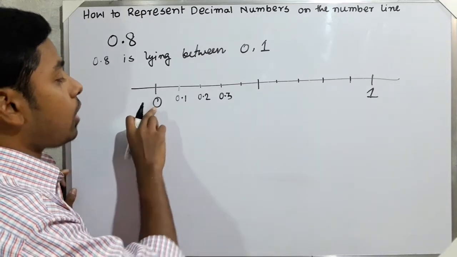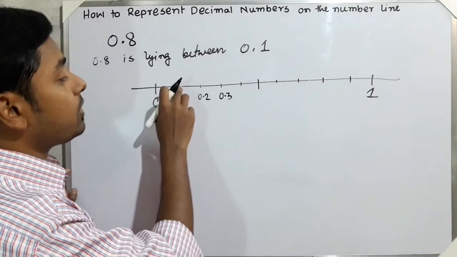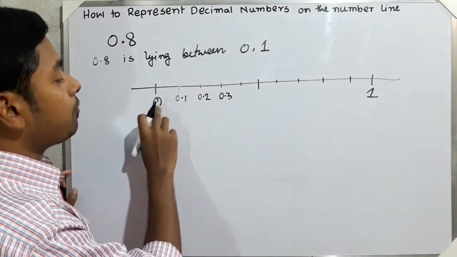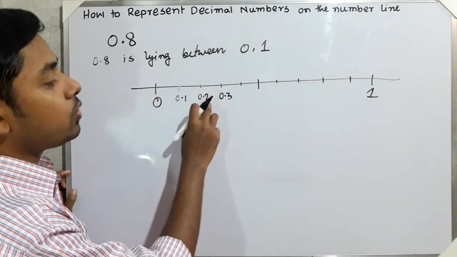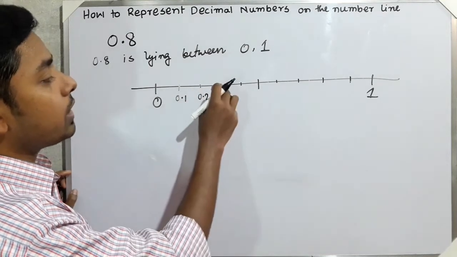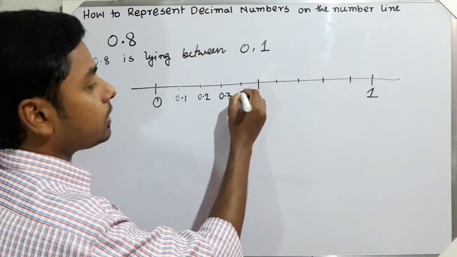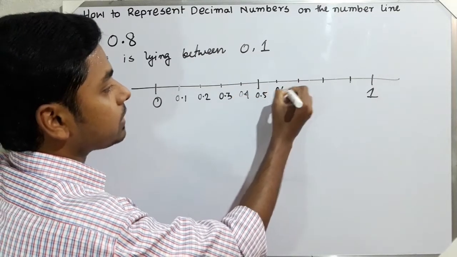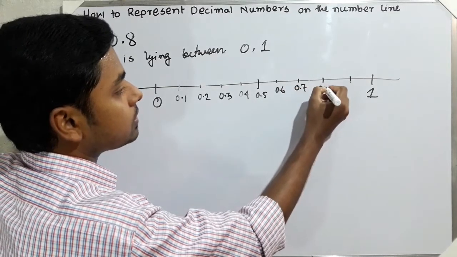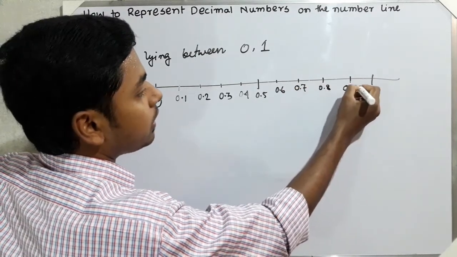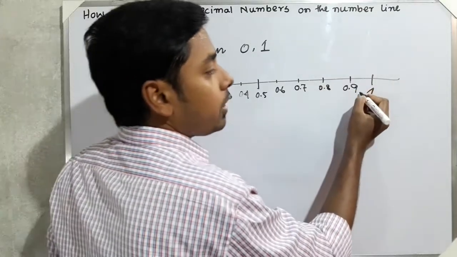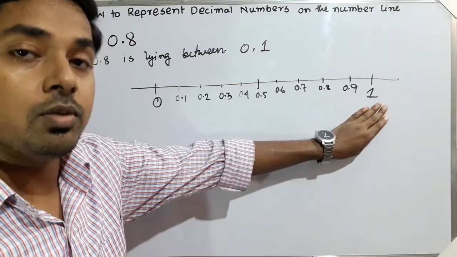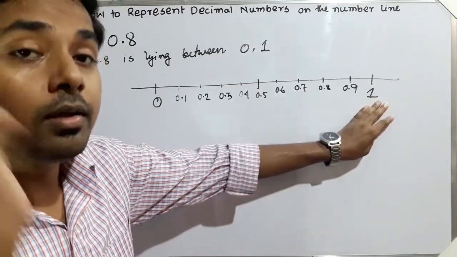And how did you get 0.1? Here it is 0. So after 0, first one will be 0.1. Okay, and after 0, second one will be 0.2. After 0, third one will be 0.3. Then after it 0.4, 0.5, 0.6, 0.7, 0.8, 0.9, and after that it will be 1.